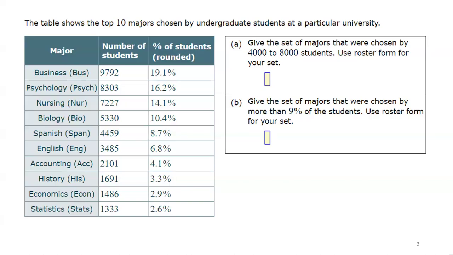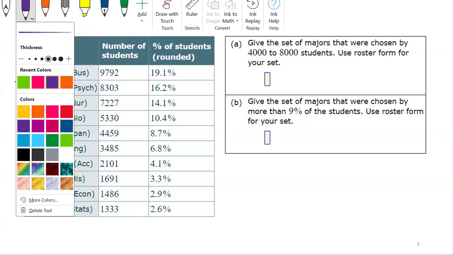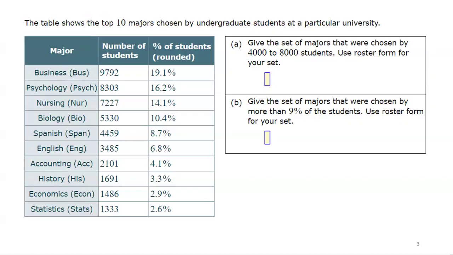So let's write this down again. They want it in roster form. So for A, hopefully you wrote this down. We have Spanish. Again, I'm just going to abbreviate here. Biology and nursing.